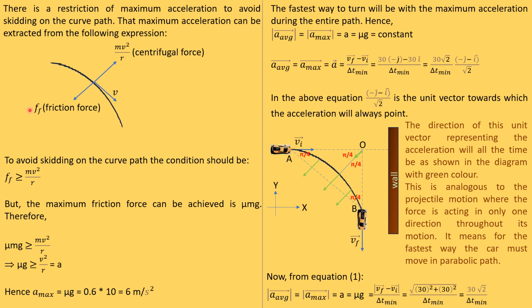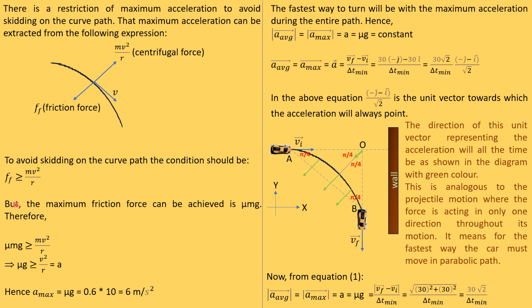But it can reach a maximum limit, that is mu into N, and the normal reaction is equal to mg, because there is no motion perpendicular to the ground. So N is equal to mg. To avoid skidding, friction force should be greater than or equal to mv square by r.